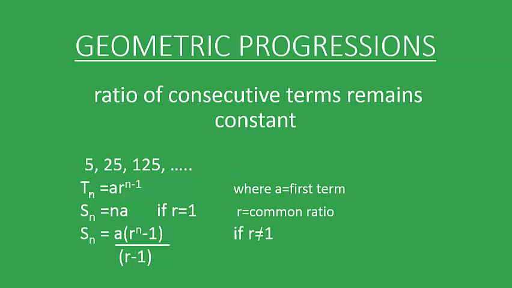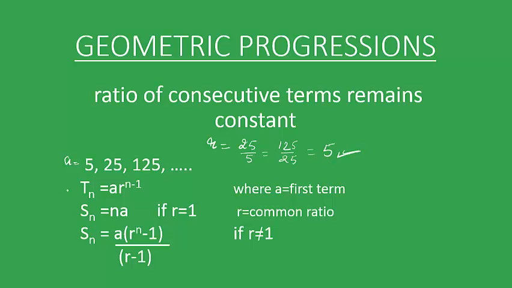So the first term is 5, and let's try to calculate the common ratio between the consecutive terms. The common ratio is represented by r, and is given by dividing the second term by the first term, which is equal to 5, and the third term by the second term, that is also equal to 5. Therefore the common ratio is equal to 5.